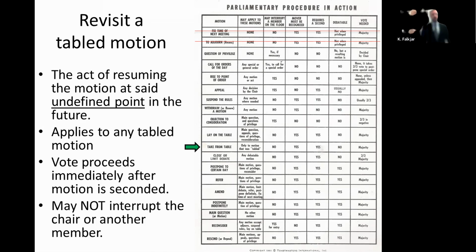Revisit a tabled motion. This is if you want to come back to any motion, from any time in the past, that was previously tabled. Once the revisited tabled motion is passed, we then proceed back directly to the debate on the motion that was tabled.